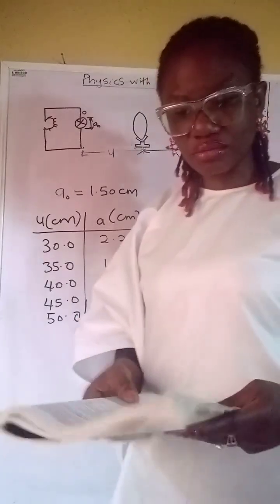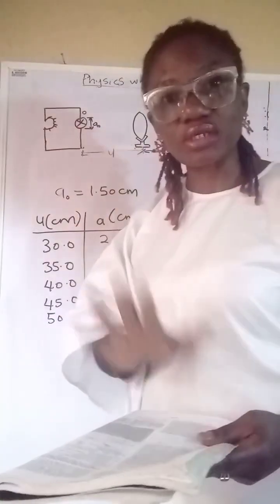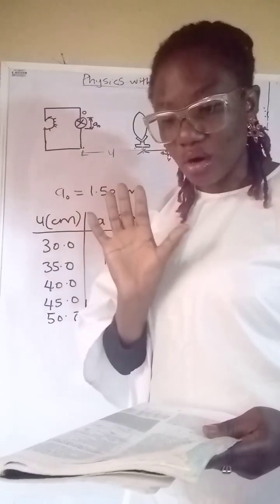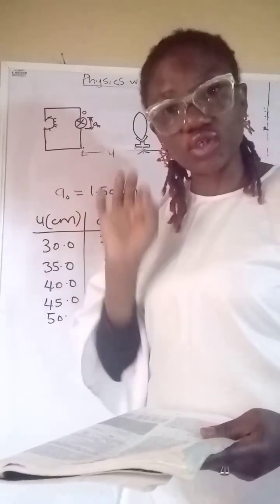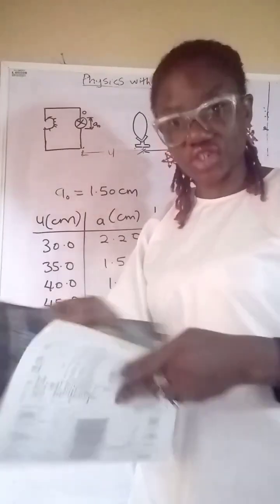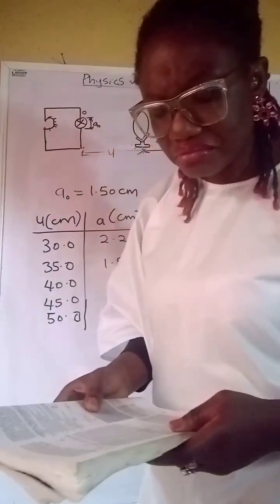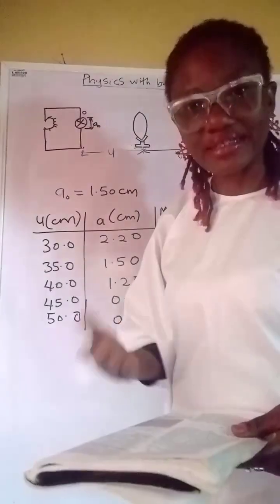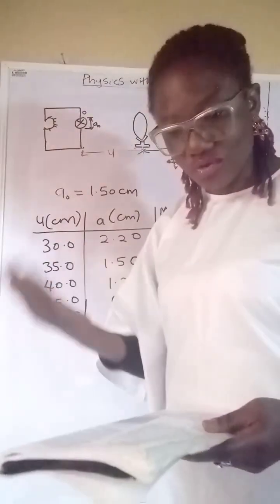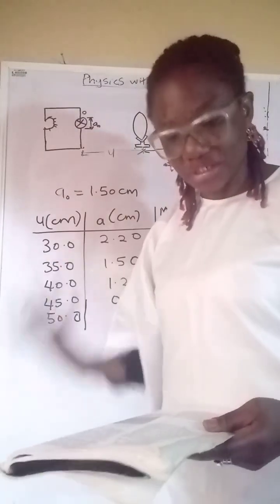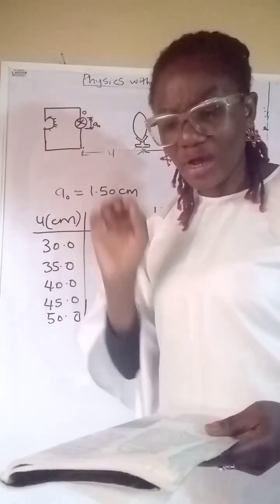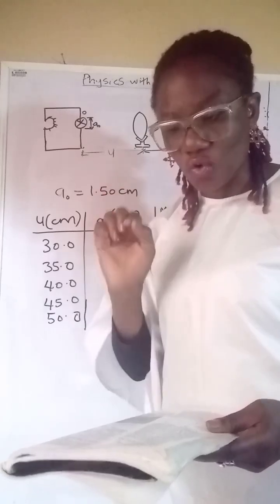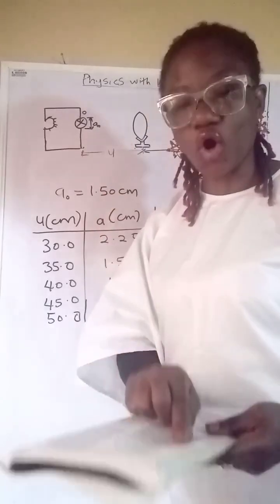Let me read the instruction on the 2014 question 2 past question. If you have this, you can check it out. You are provided with an illuminated object, converging lens, screen, meter rule, and other necessary materials. 1. Measure and record the size AO of the illuminated object.